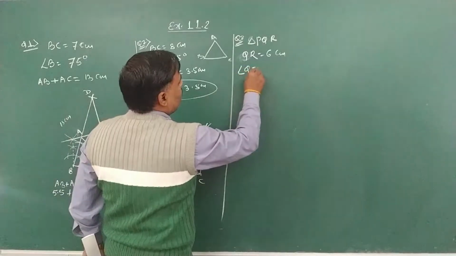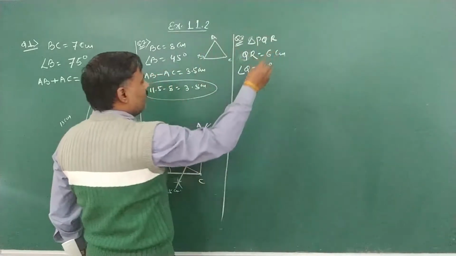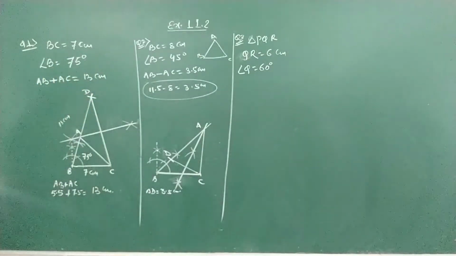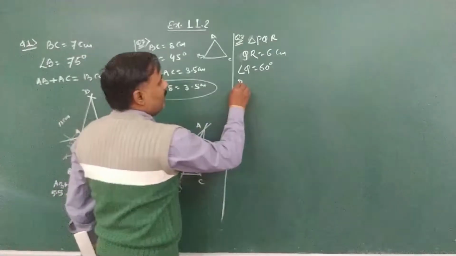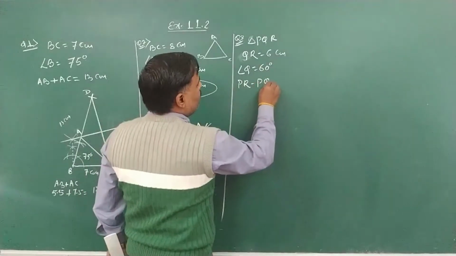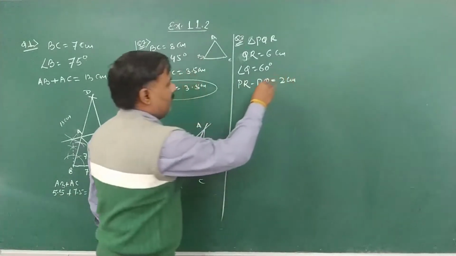And the difference of the other two sides is given: PR minus PQ is equal to 2 centimeter.